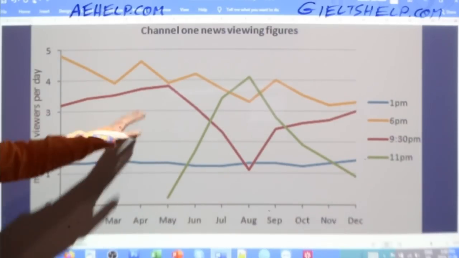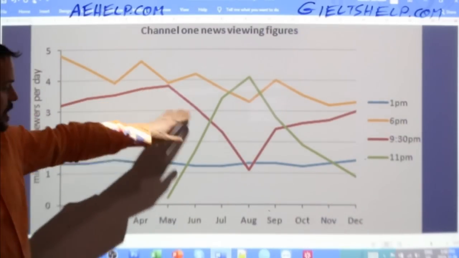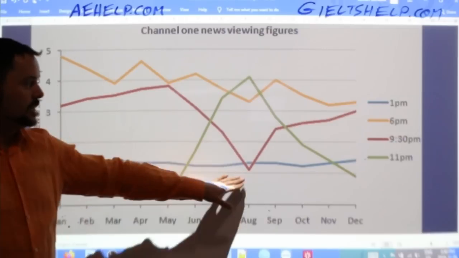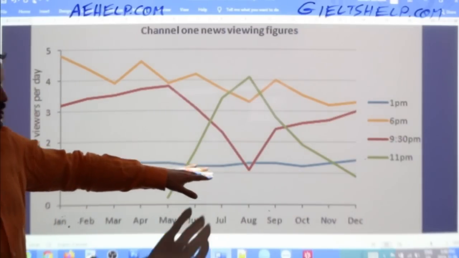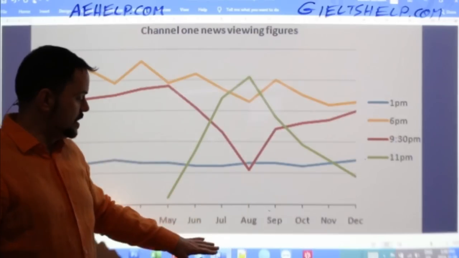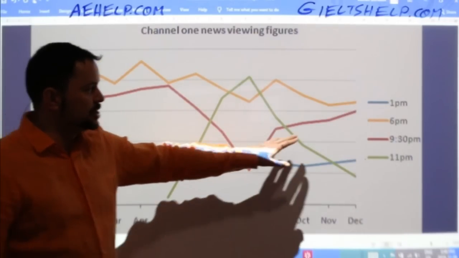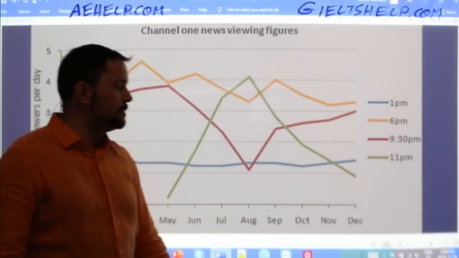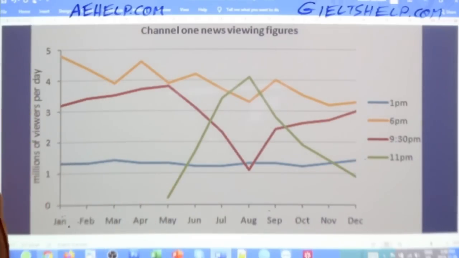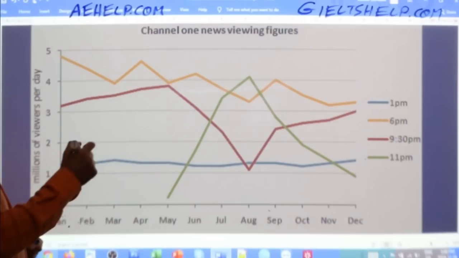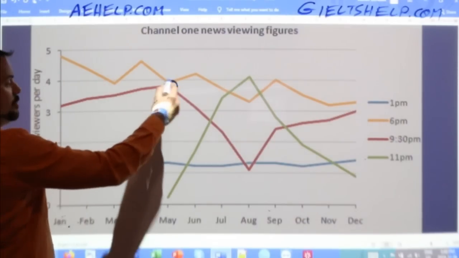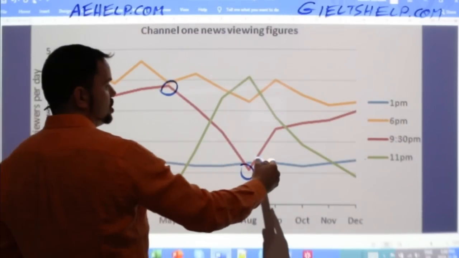And then during May, from May to August, there's a sharp decrease. And then we have a sharp increase from August to September, and then a gradual increase until December. Now, you might not want to write all of those points, but definitely a couple to keep in mind that are important are these transitions here.